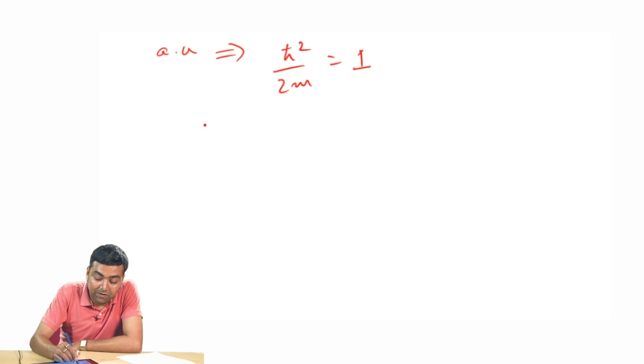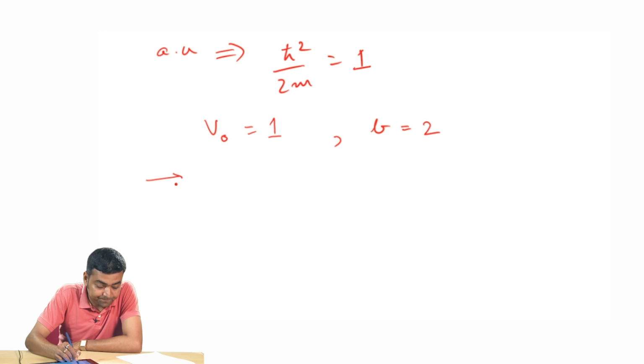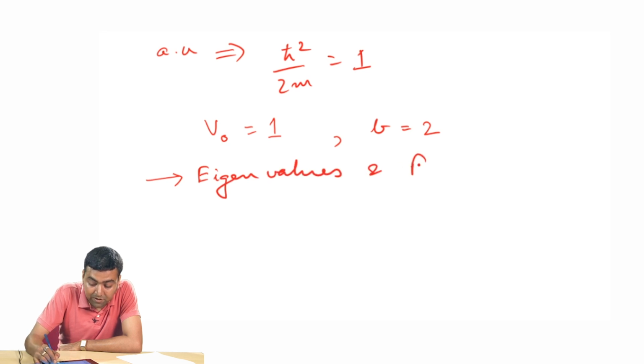So, I will just use some numerical values of the potential. I will use my V 0 to be 1, and my b to be equal to 2. Okay. And what we need is to find eigenvalues and the eigenfunctions.